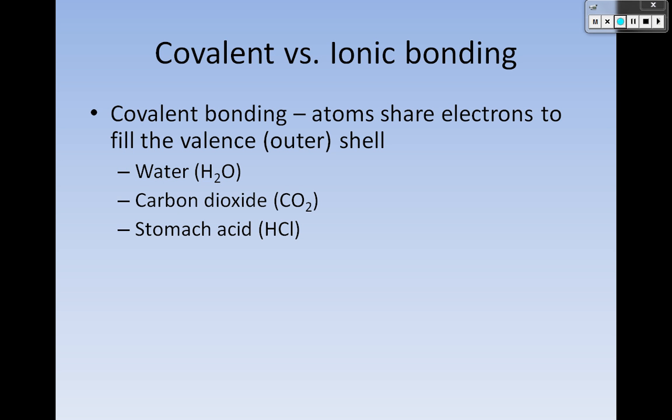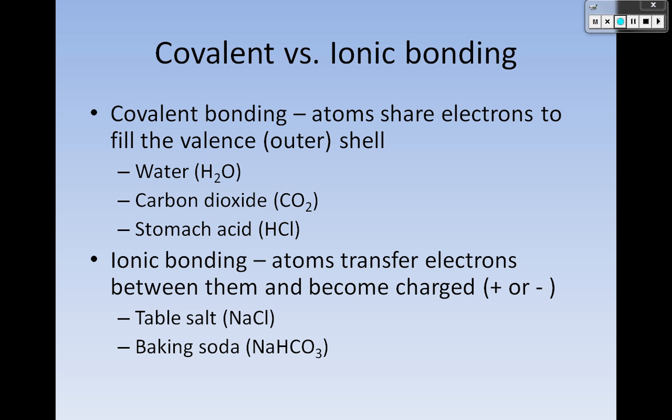And then you can contrast that to ionic bonding, which is where atoms transfer electrons between them and then become charged. Like if one atom has some extra electrons, it might give those electrons away to another atom that needs them.